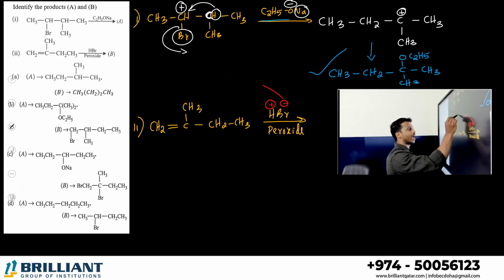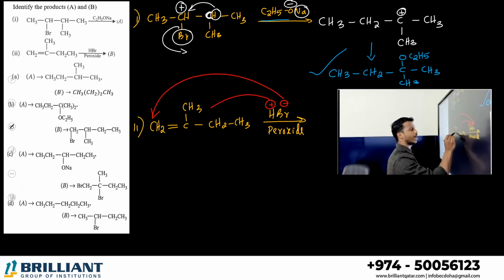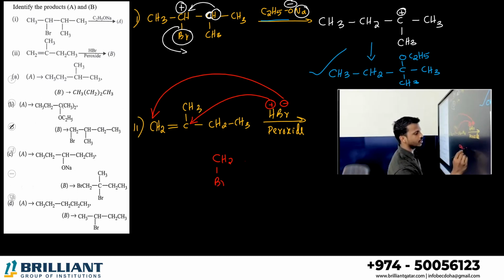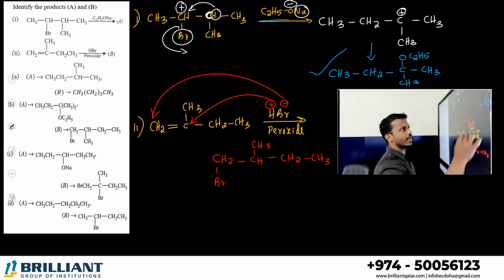The negative part you should add to the carbon containing more hydrogens, the positive part to the one with fewer hydrogens. So your product will be CH2Br, CH, CH3, CH2, CH3. Correct?